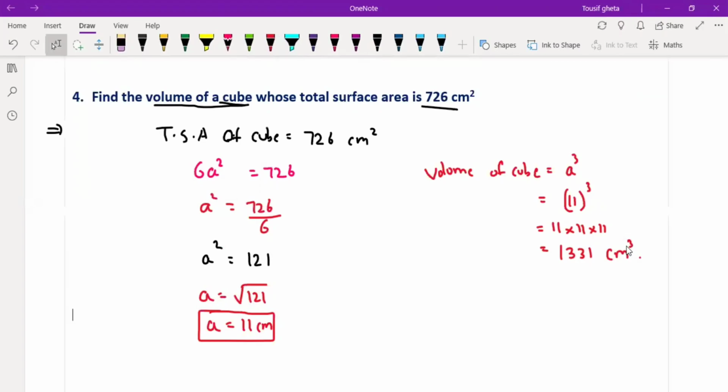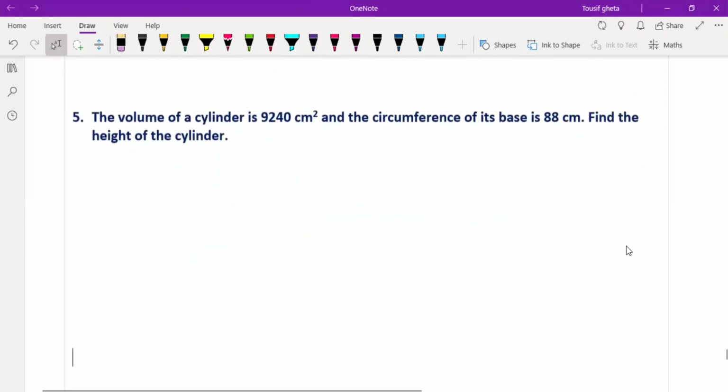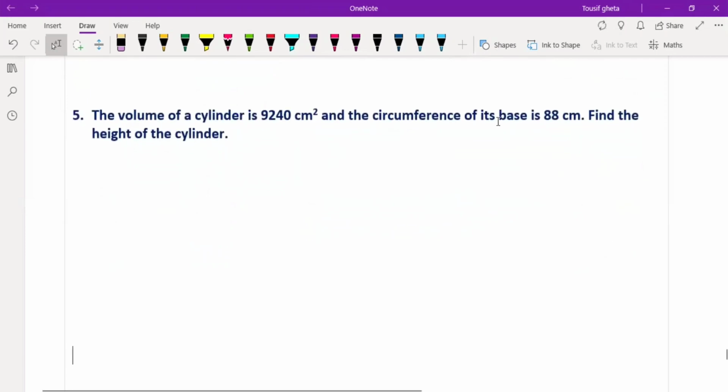Okay, so let us go with the fifth one. Let's see what they're asking us to find. They're asking us to find the height of the cylinder. The volume of the cylinder is given. We know the formula, volume of cylinder is pi r square h.